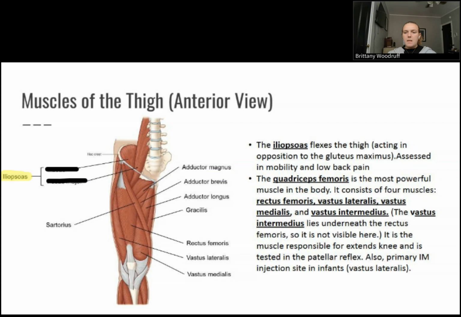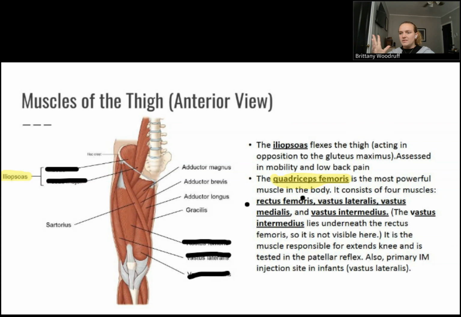The other one I want you to know from this is the quadriceps. You do not have to worry about labeling the individual quadriceps: rectus femoris, vastus lateralis, vastus medialis, vastus intermedius. Just so you know, rectus means straight and femoris means femur, so it's a straight muscle found on your femur.